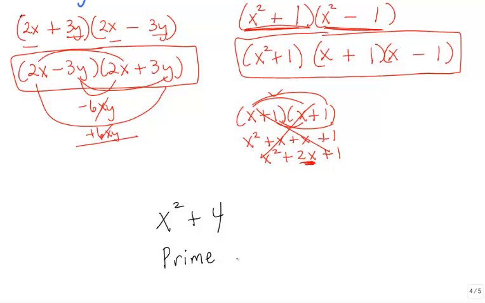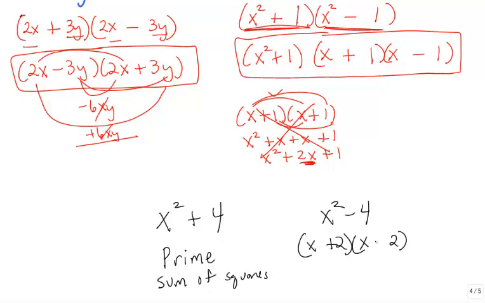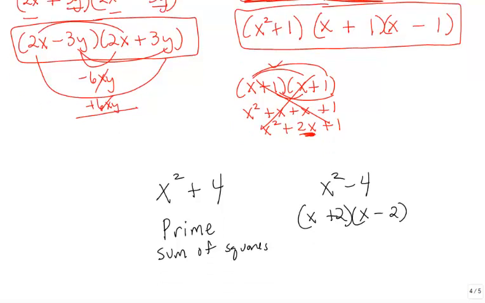If something doesn't factor, then it's called prime. So just be on the lookout. X squared plus 4 does not factor because it's a sum of squares. But something like x squared minus 4 would factor because it's a difference of squares. So this would be x and x, 2 and 2, a plus and a minus. So whether it's a plus or a minus really makes a big difference.